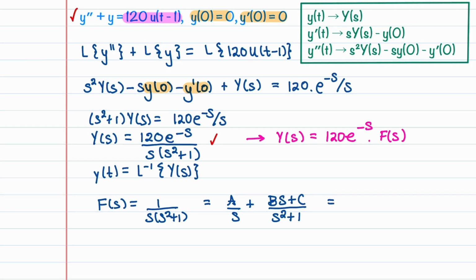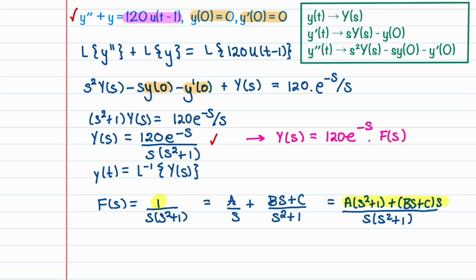Let's recombine this. So we have A times s squared plus 1 plus Bs plus C times s, all divided by s times s squared plus 1. Now we can set 1 equal to this algebraic expression.